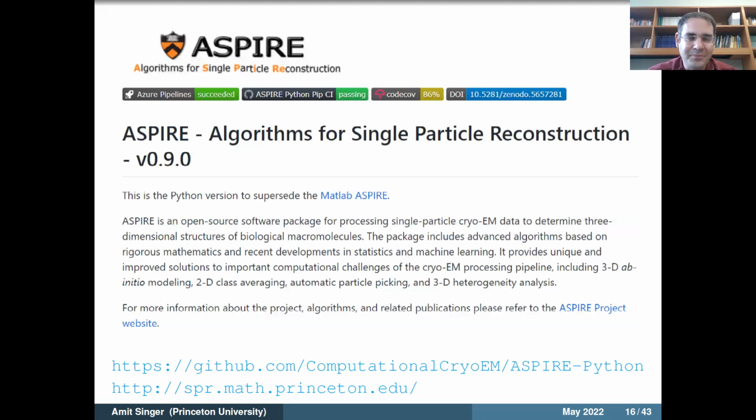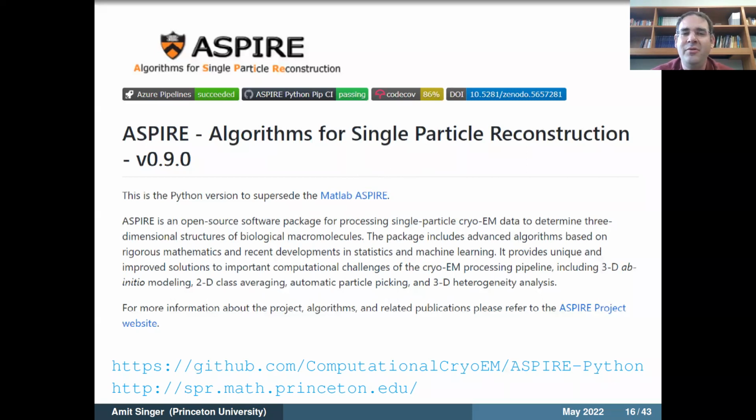So I hope I was able to convince you that cryo-EM is a very interesting problem from the scientific point of view. In my group, we developed algorithms for single particle reconstruction, and we have an open source package now in Python. We started with MATLAB, but in recent years we switched to Python.